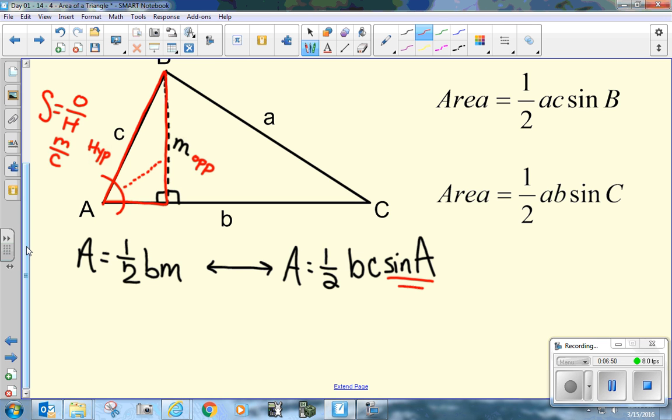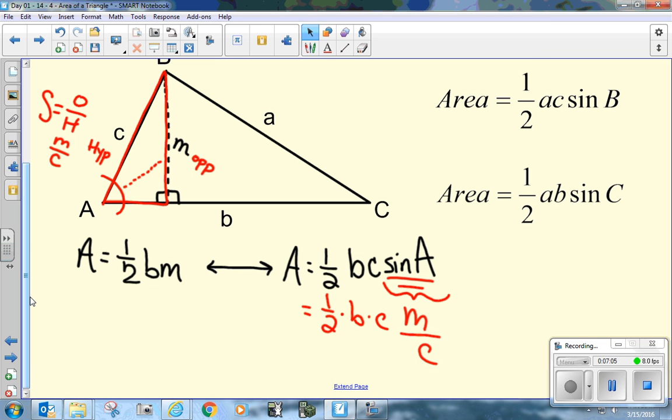So I can replace sine of A with M over C. And I'll still have 1/2 times B times C. Now let's take a look at what I can do with those last two terms.